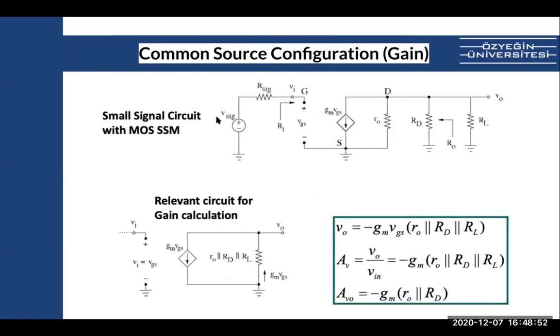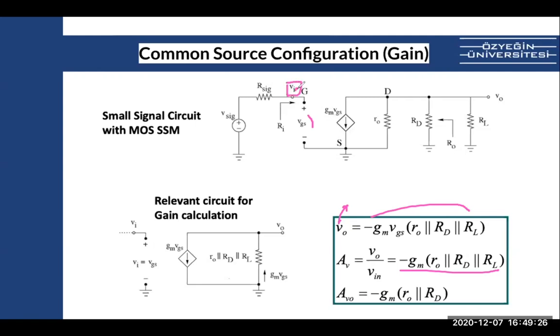So by finding the V out in terms of, for instance, VGS, which I showed in the previous slides, and then dividing this by the input voltage, this is the gain of the circuit, V out over Vin. But as I mentioned, this is the Vin here.